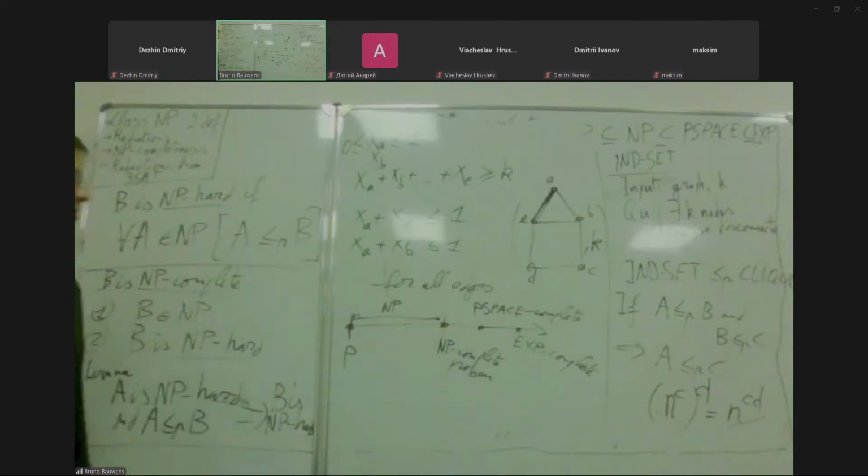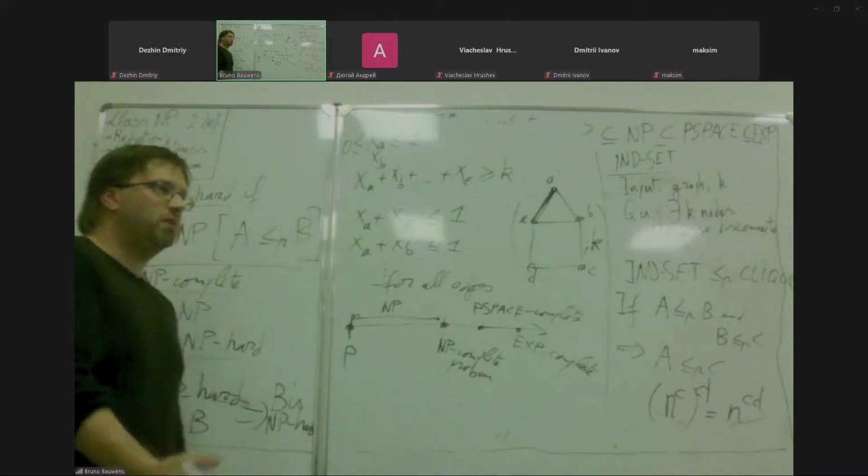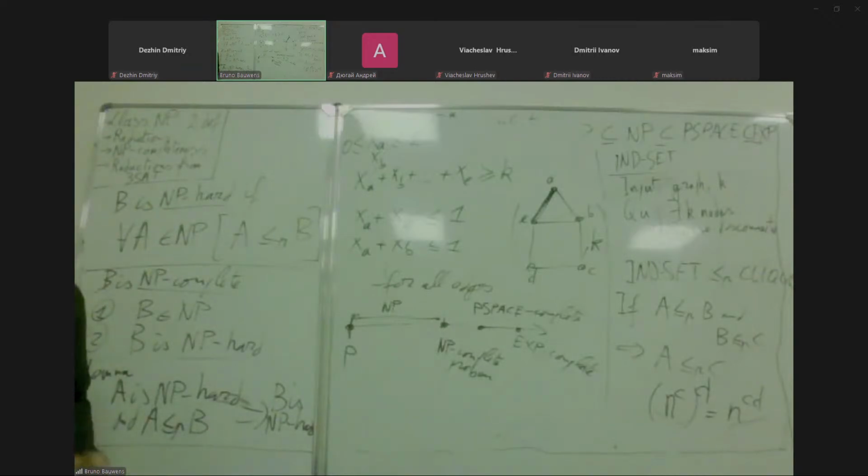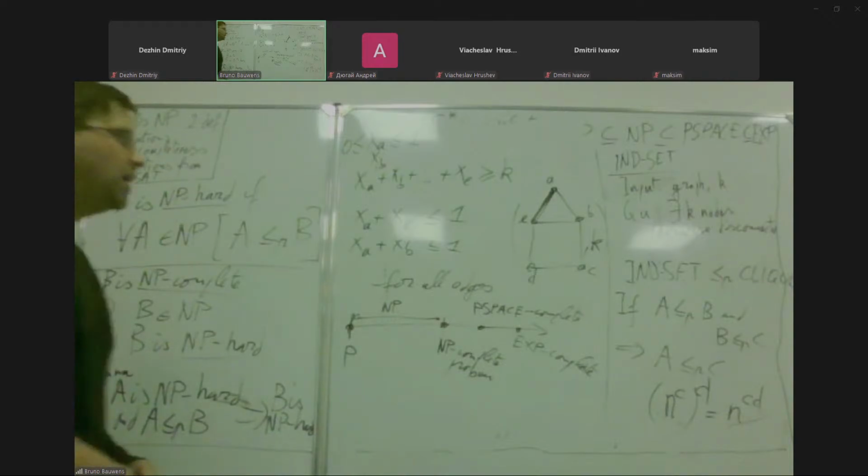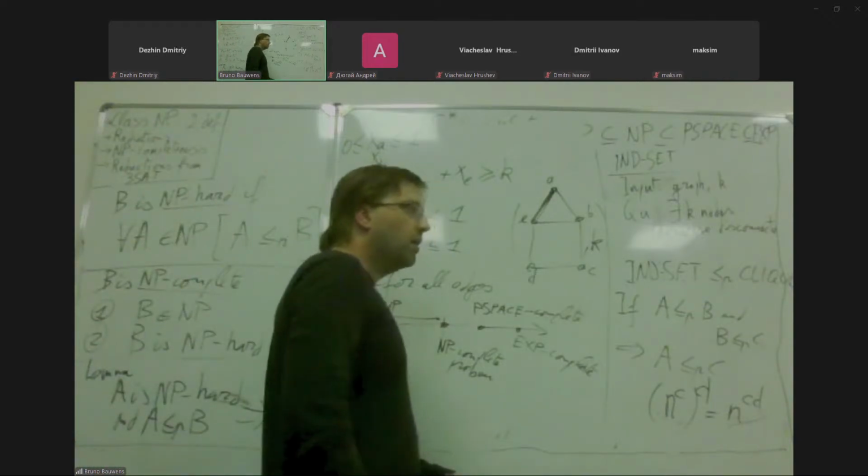To prove the problem is in co-NP, you present the full factorization and prove that each factor is prime.